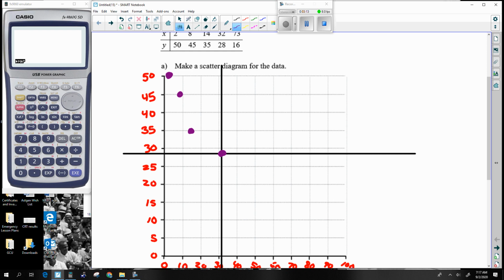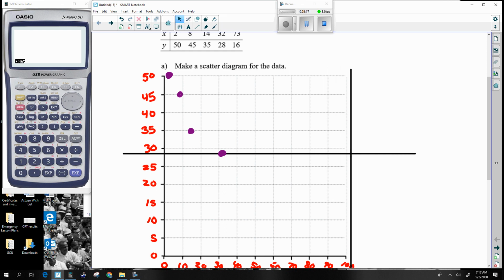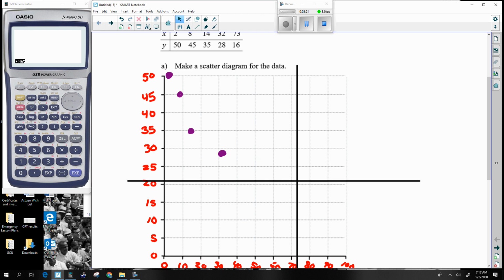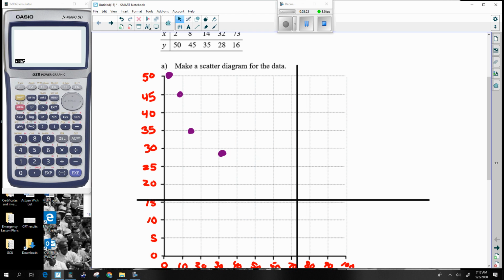And then 7316. Way out there. So 73, 16. There it is. Okay, that's my scatter plot or scatter diagram.